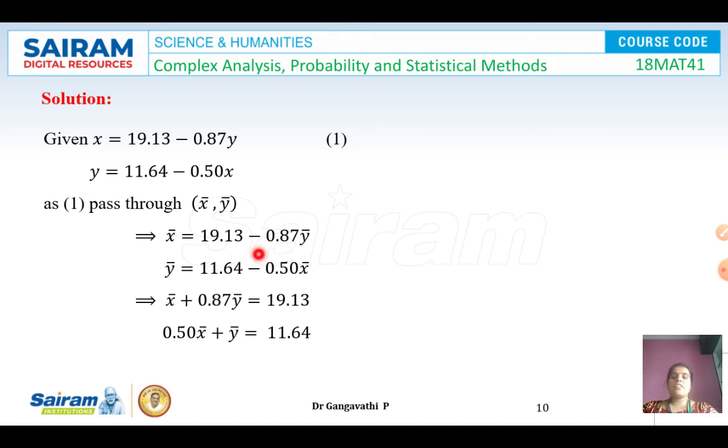It is negative on one side and becomes positive on this side. So this is the arrangement we have. Now these two equations can be solved simultaneously.